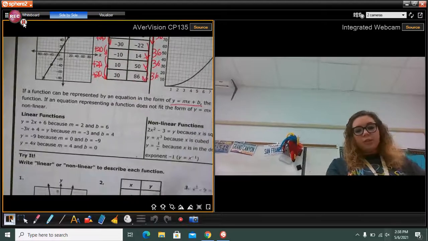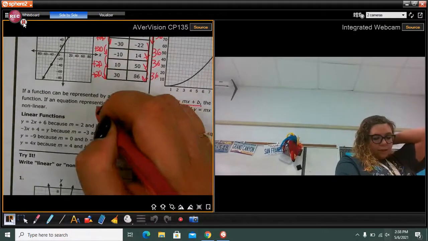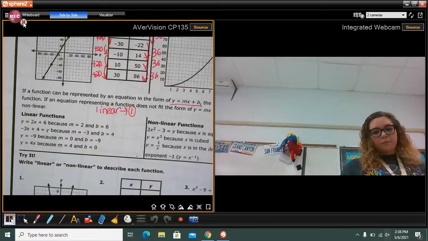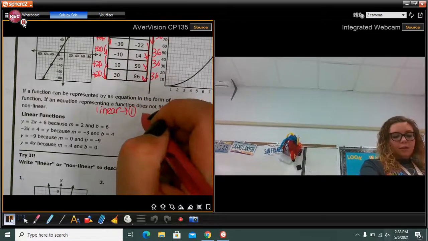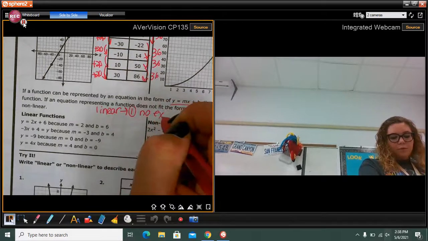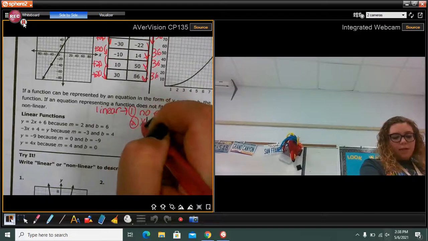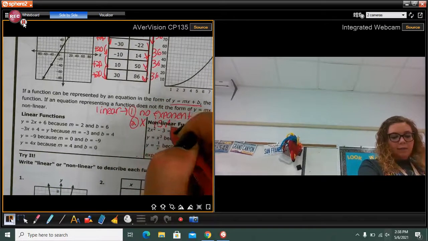So there's two things you need to look for. For it to be linear, one, no exponent on x. Two, x is not on bottom.